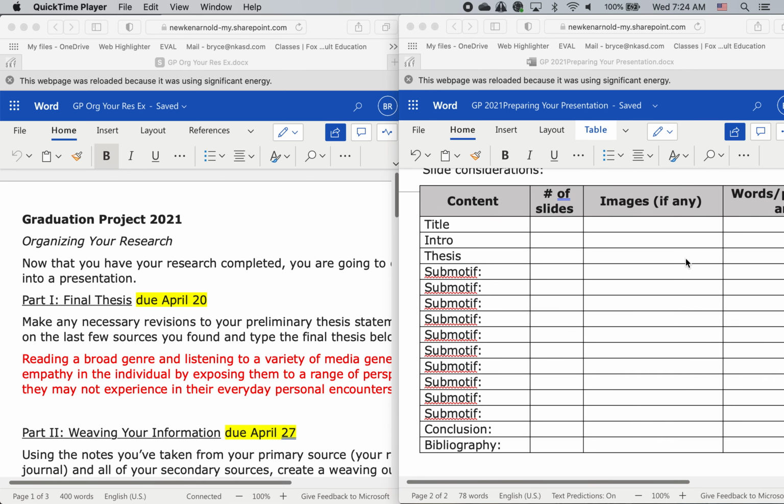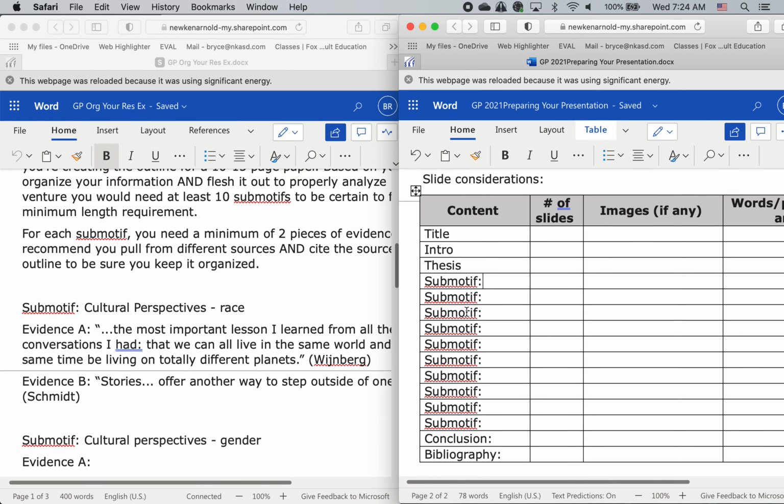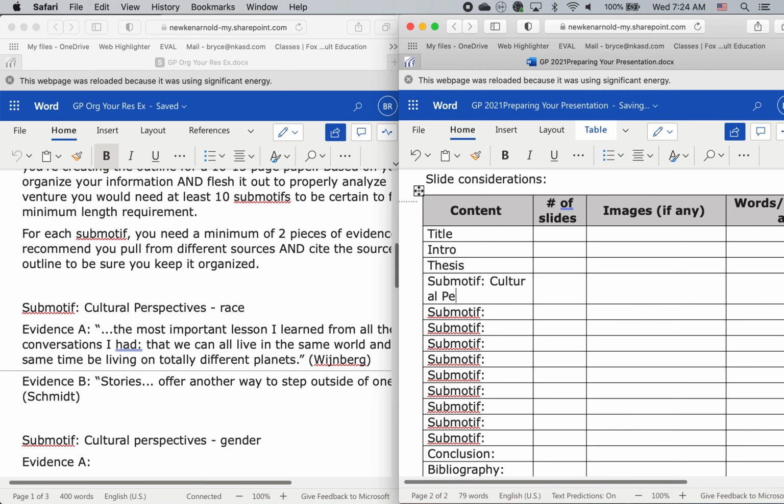And then you'll notice there's a little chart here. This is a brainstorming activity for you. I'm going to go through, and I don't need to fill in the title, but the submotifs I would fill in. This is all based on the outline.